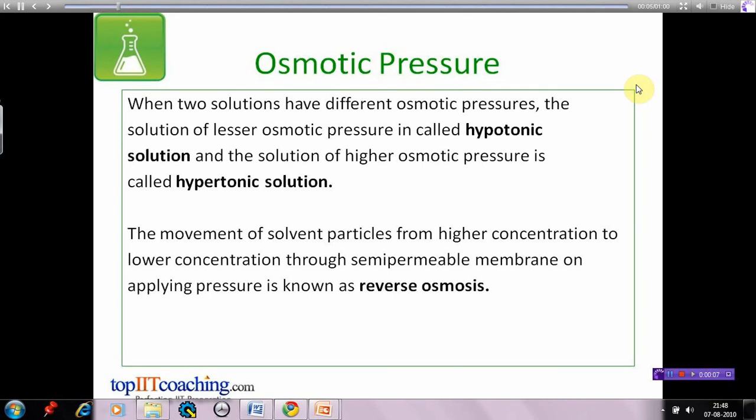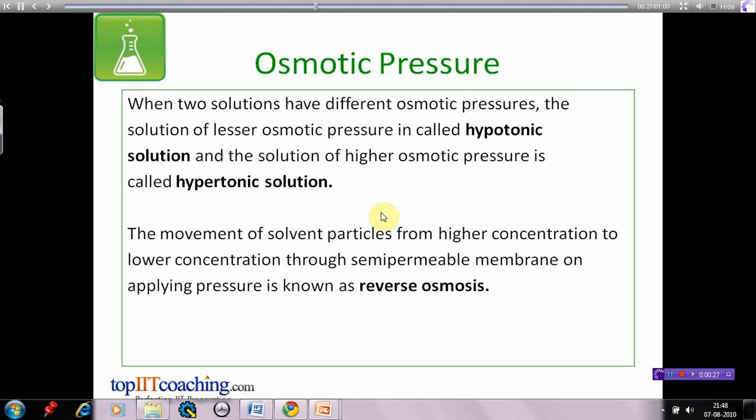We can also define hypotonic and hypertonic solutions by comparing the osmotic pressures of two solutions. When two solutions have different osmotic pressures, the solution of lesser osmotic pressure is known as hypotonic solution, and the solution of higher osmotic pressure is known as hypertonic solution.